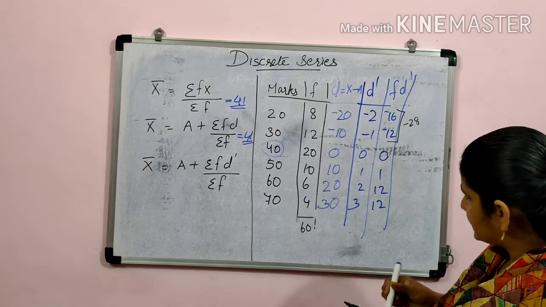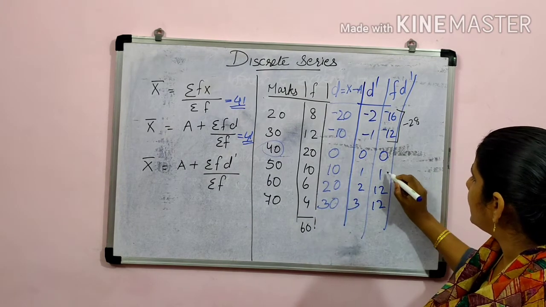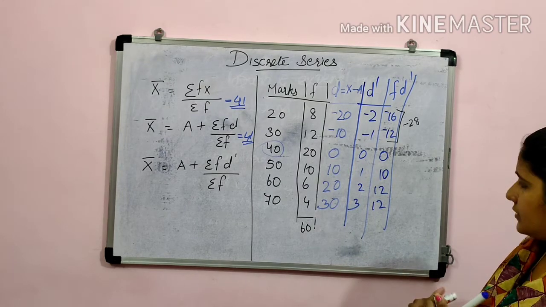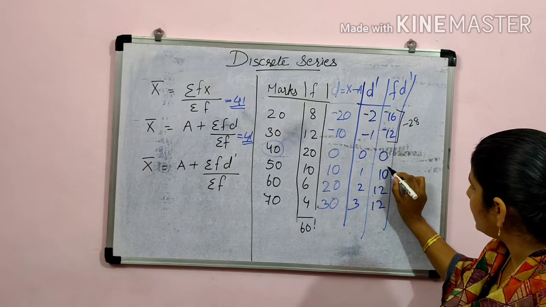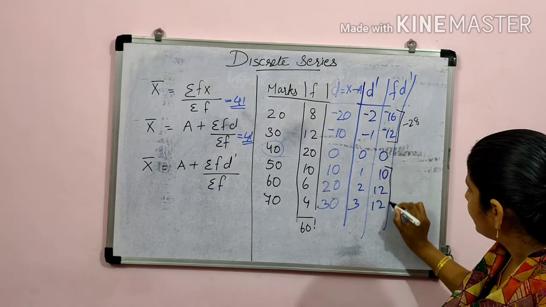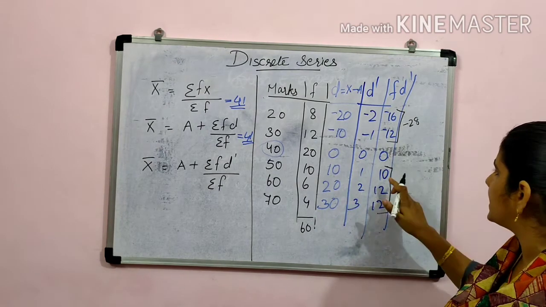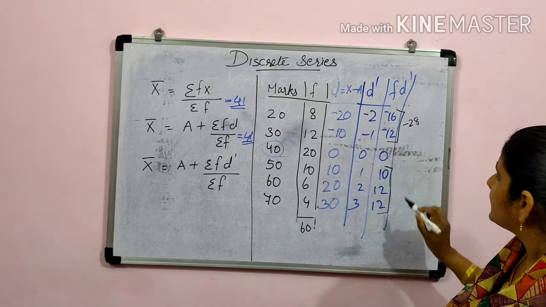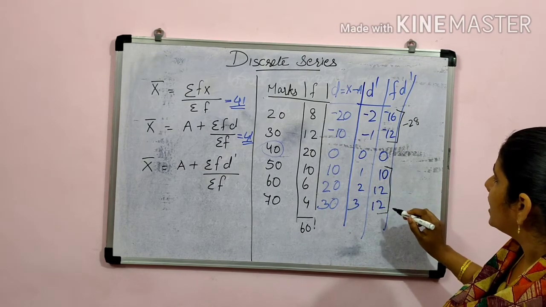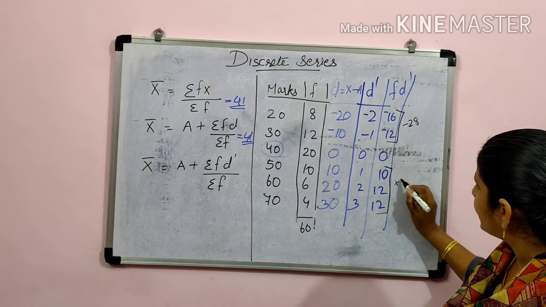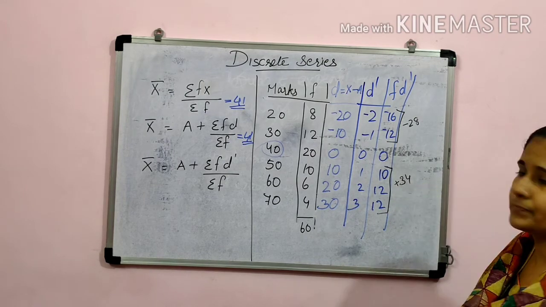Now here we have 10 ones, and it will become 10 only. First by mistake I wrote 1 there, but it is 10. Then when we add these 3 columns, here it will become plus 34.